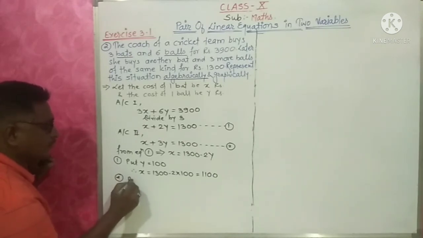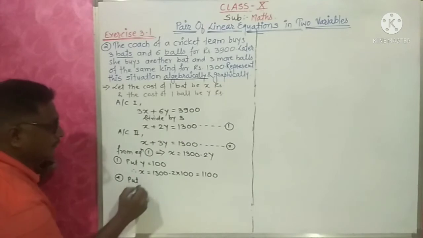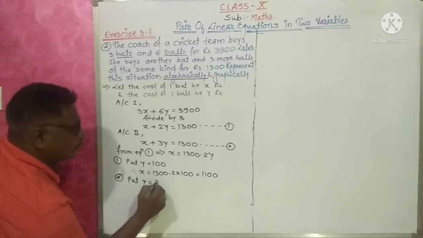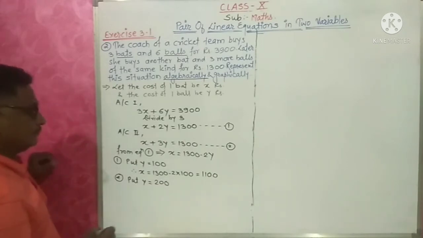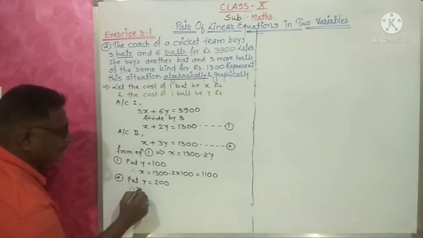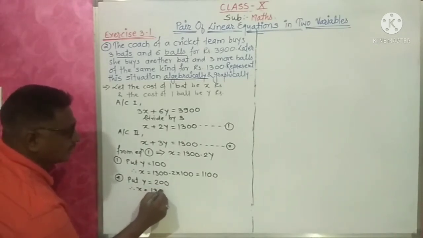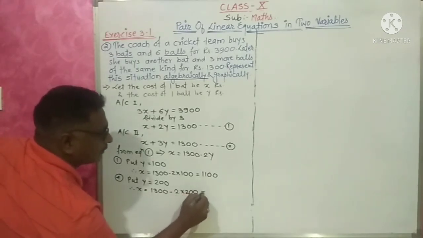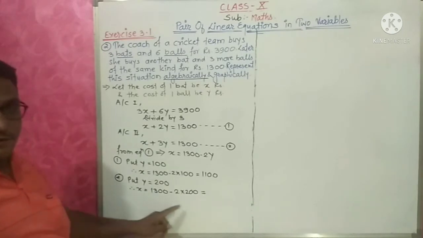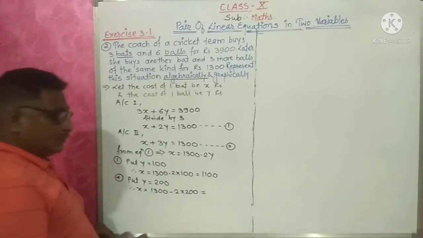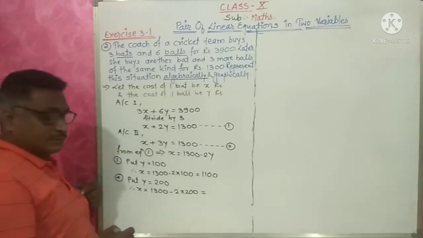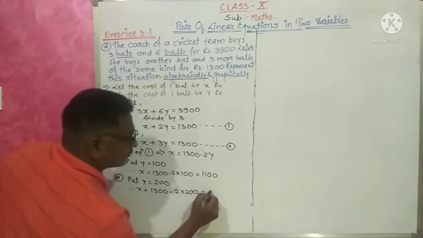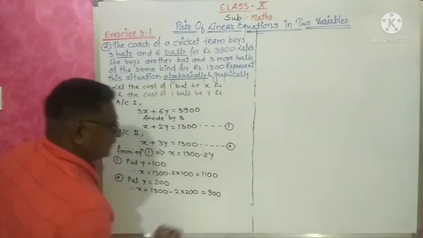Then put y equals 200. x equals 1300 minus 2 into 200, which is 1300 minus 400, that is 900.